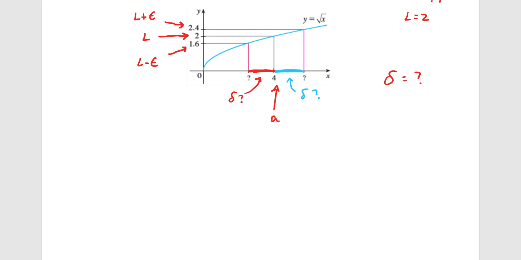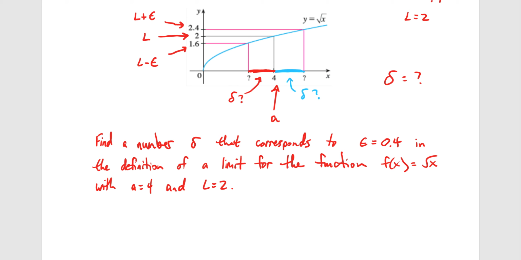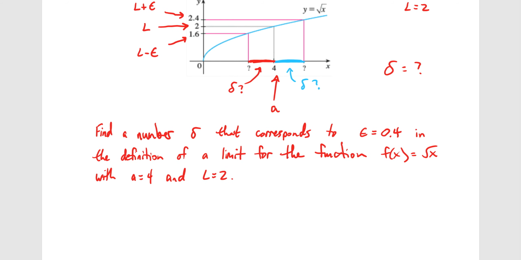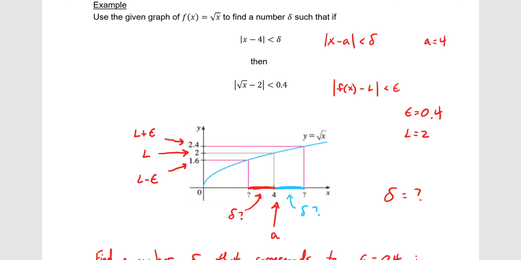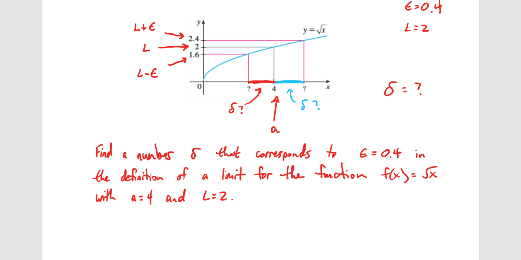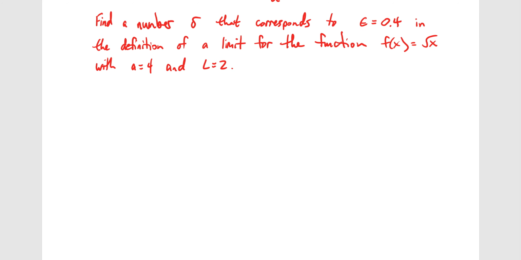And even before I do that, I'm going to go ahead and just write something down. I just want to write down in words what we're going to be doing: finding the number delta that corresponds to epsilon equals 0.4, in the definition of a limit for f of x equals radical x. So we are going to start with the absolute value of radical x minus 2 is less than 0.4, so let's go ahead and write that down.